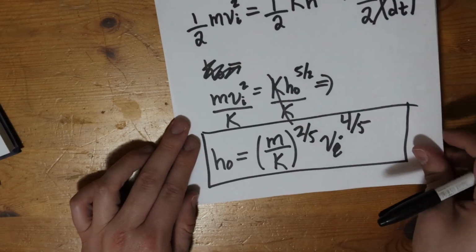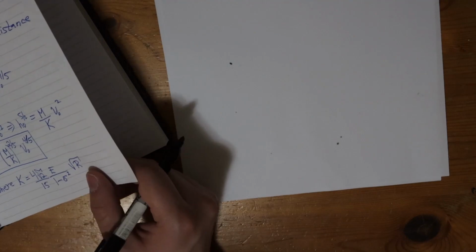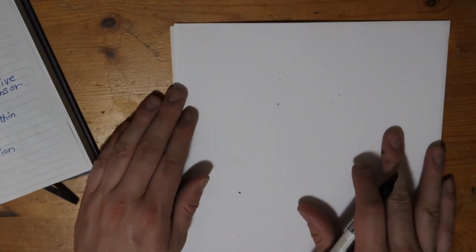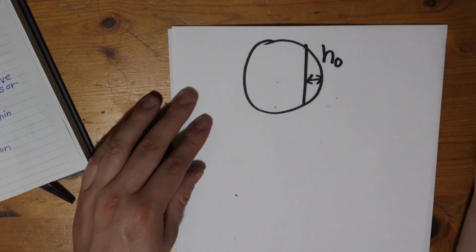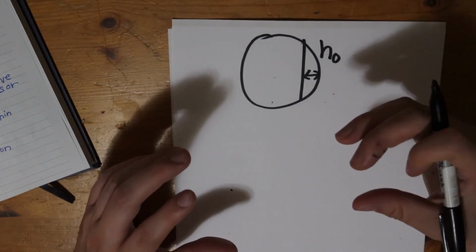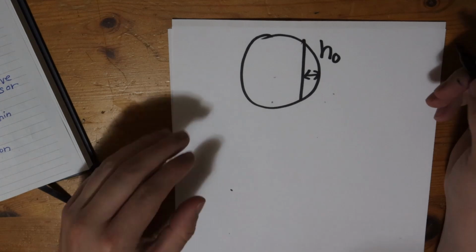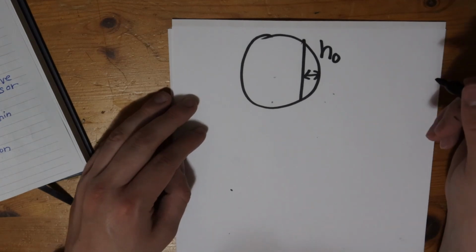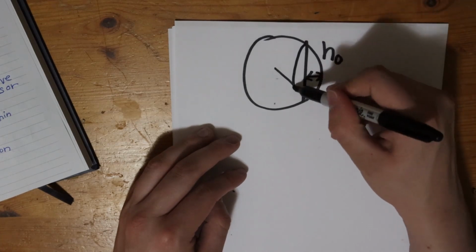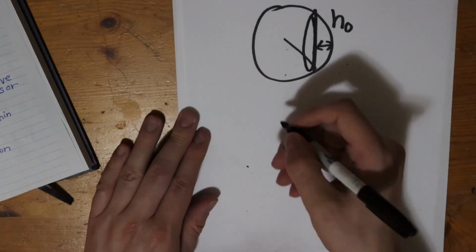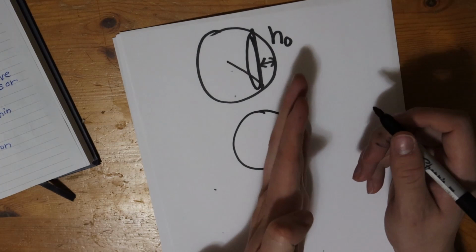So now, from this, where are we going? Well, we want to figure out what is the cross-section area during the maximum point of the collision. Well, the maximum compression, h0. You want to figure out what is that area. So to do that, what we can do is we can use some trigonometry.